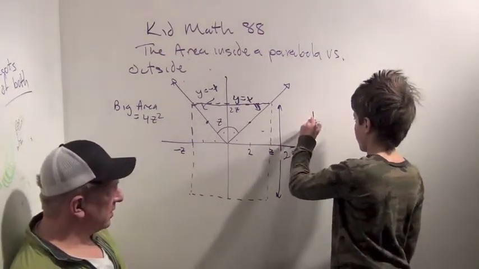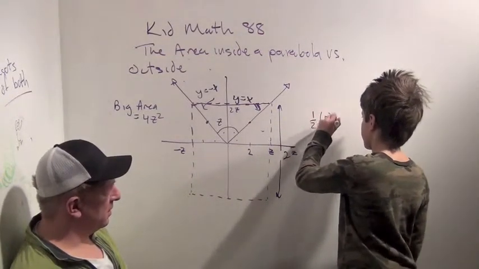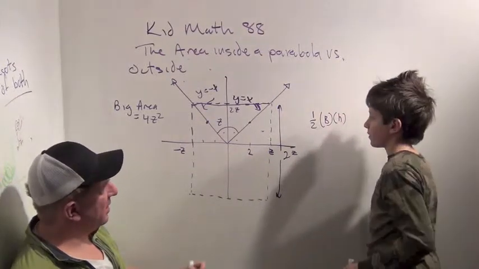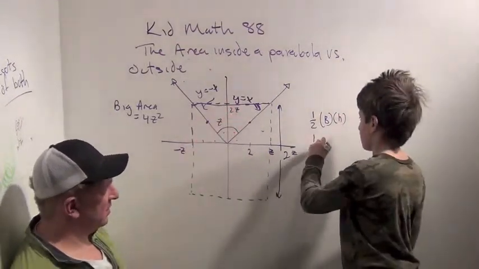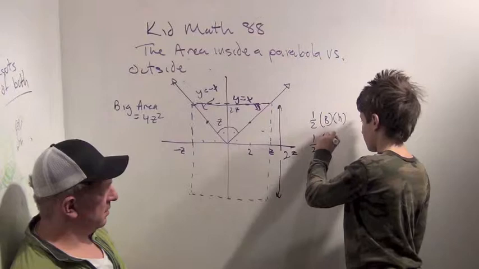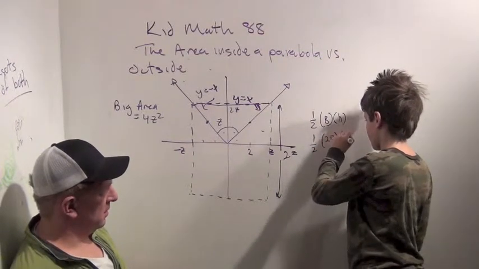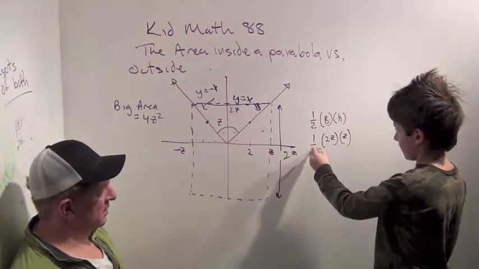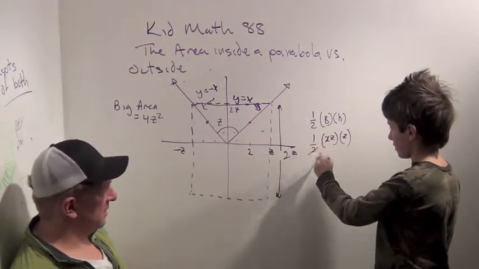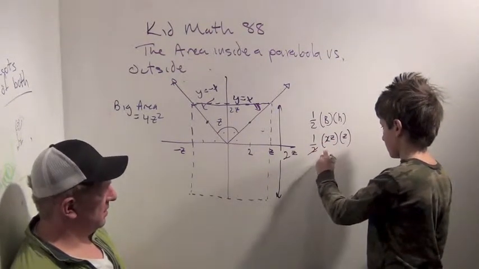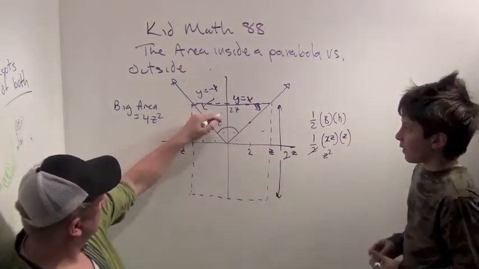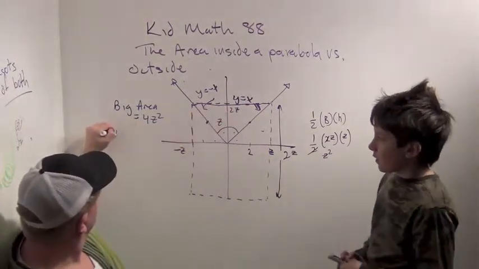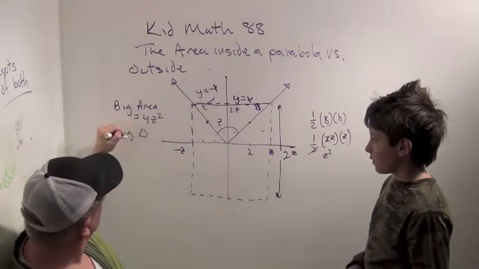It's 1/2 base times height. So we get 1/2 times 2z times z. The half cancels, and you get z squared. So the area of the big triangle is z squared.